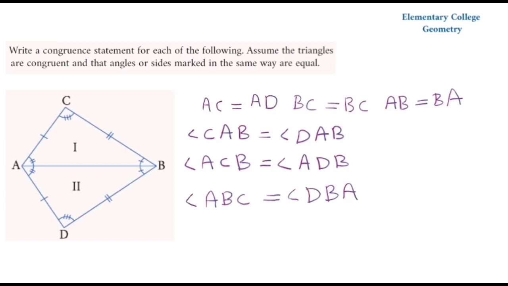So we can conclude that two triangles of ACB and ABD are congruent. The triangle of ACB is congruent with the triangle of ABD.